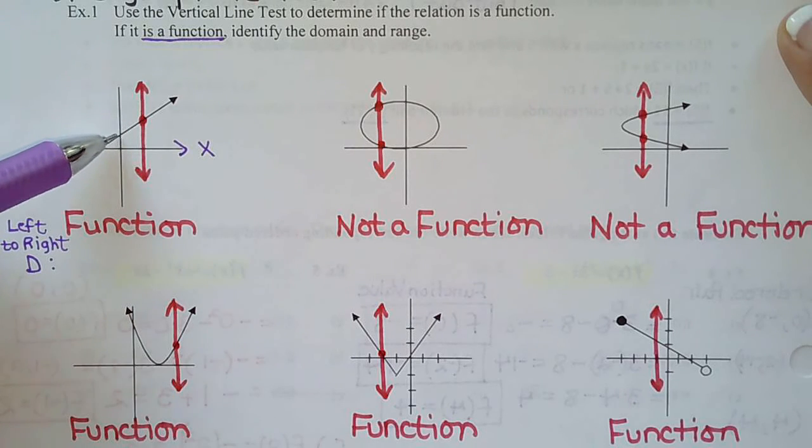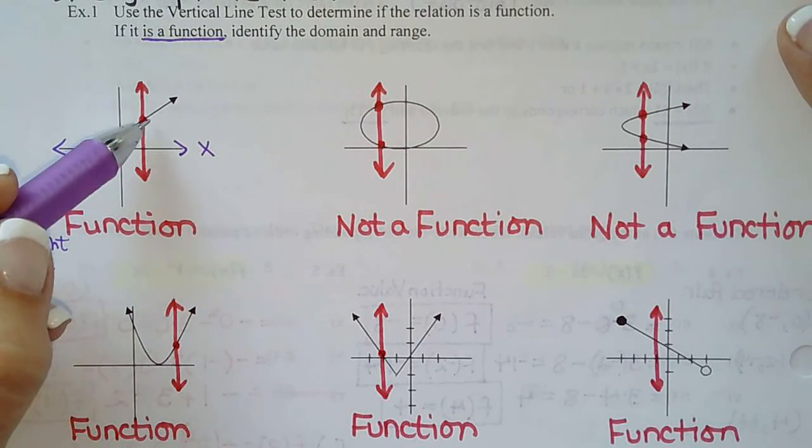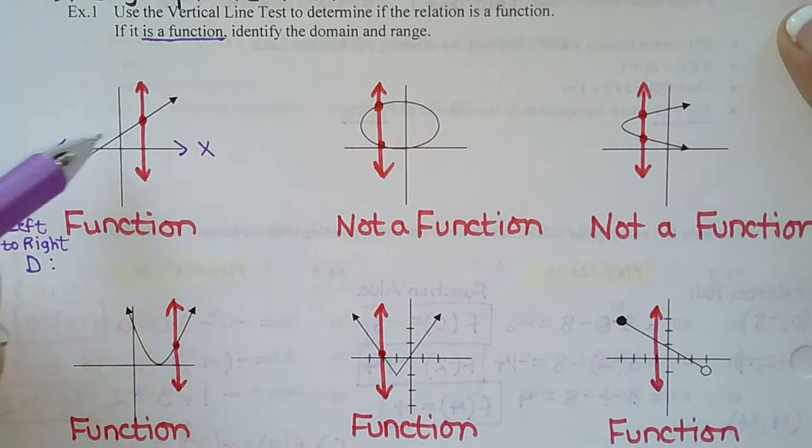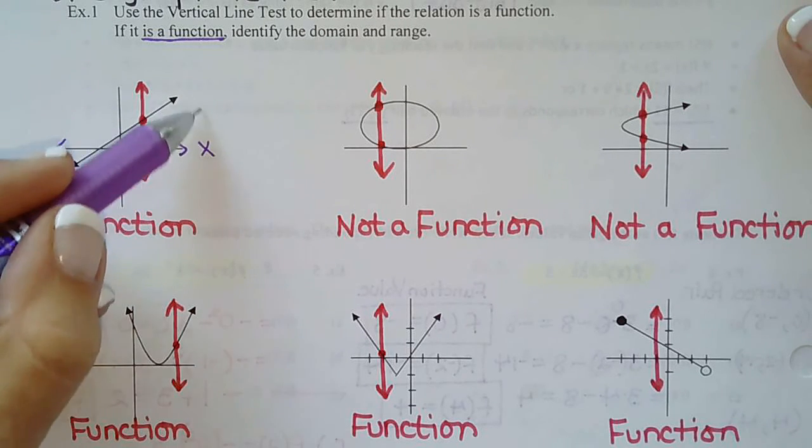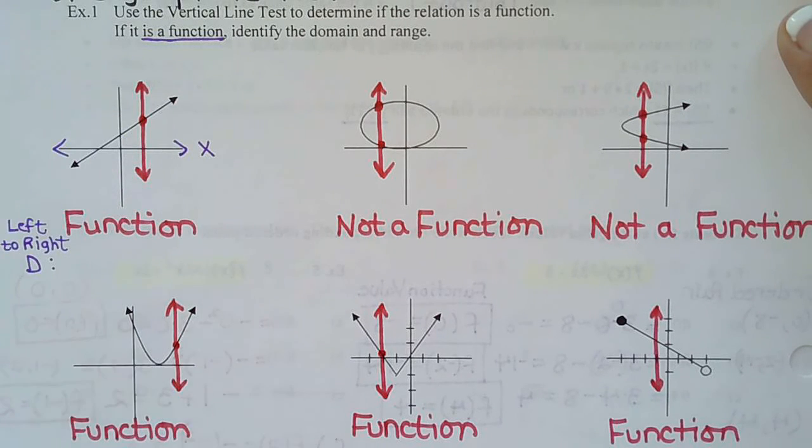So what I notice is this graph goes left forever. That means every single x value will have a point on the graph as we go down. And also, because of the arrow, it goes right forever. So every single x value is going to have a corresponding y because of that arrow.